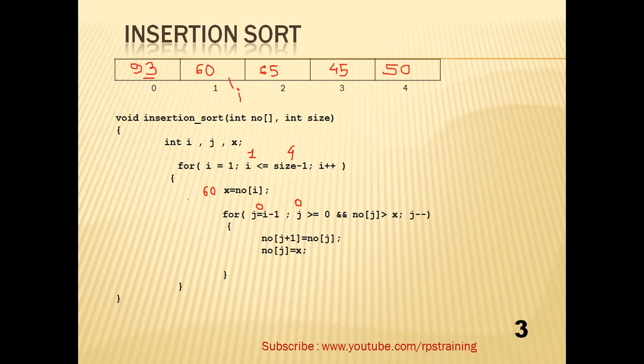So 93 greater than 60, the condition will be true, and the inner loop will be executed. And here no[j+1] equals no[j], that means no[1] equals no[0]. 93 will be shifted here. And no[j] equals x, no[0] equals x, x means 60. 60 will come here. Two elements will be interchanged.